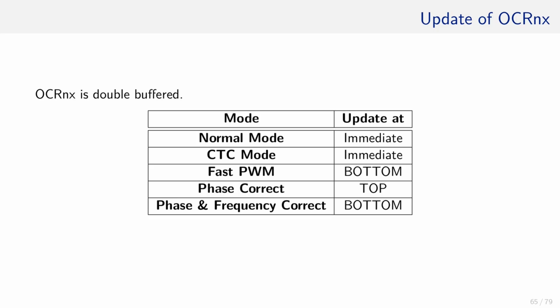In normal as well as CTC mode, the update is immediate, but this is not true for the PWM modes. While in the phase correct mode, the new value is copied to OCR when TCNT reaches the top value, for the phase and frequency correct PWM mode, it happens at the bottom.